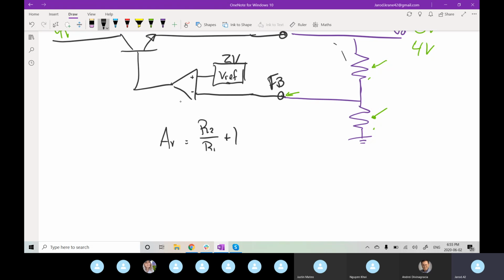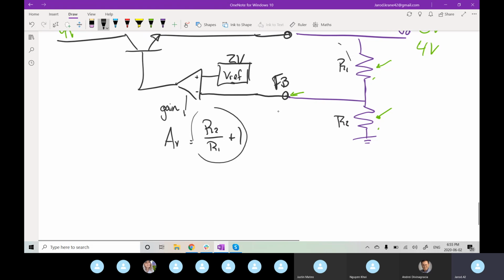But your standard gain equation is just going to be R2 over R1, plus 1. That's your gain. So whatever your input times gain will be your output. So in this case, input is your feedback pin. Output is what goes to the base.